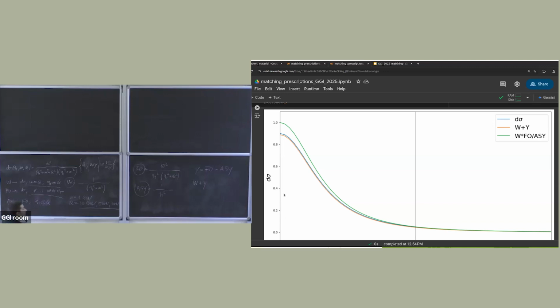Exactly. One of the nice things of playing with a model is that you can actually do the math exactly and see what's happening.